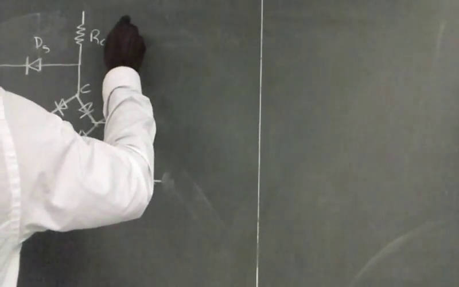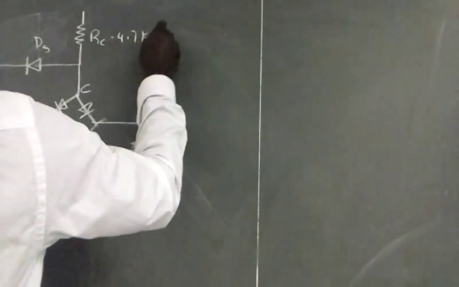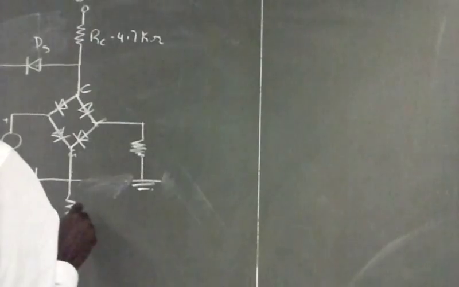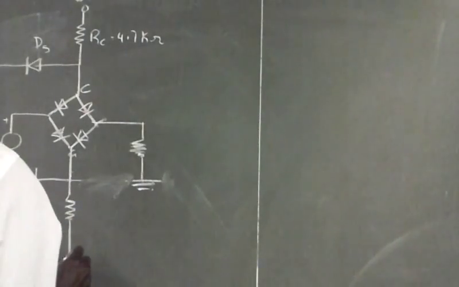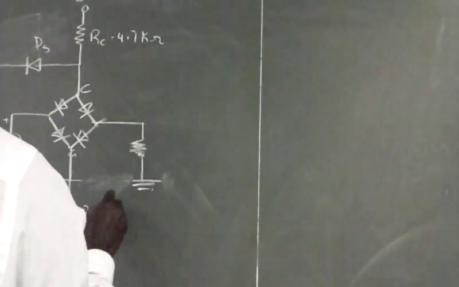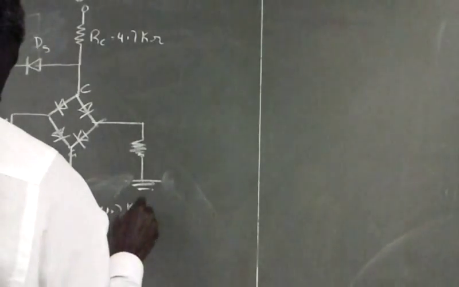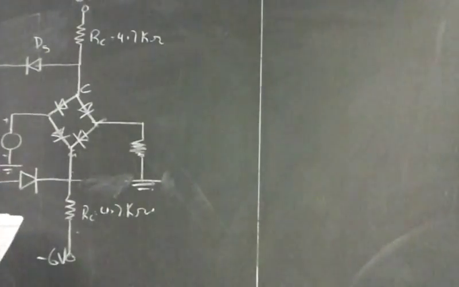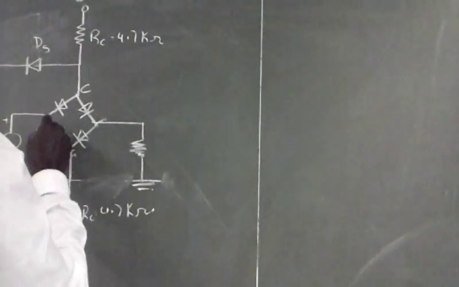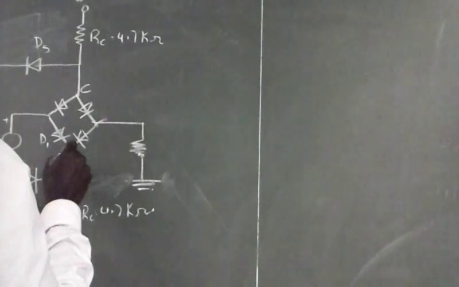RC 4.7 kilo ohms, 6 volts up there. Minus 6 volts down here. RC equals 4.7 kilo ohms. Diode 6, diode 1.